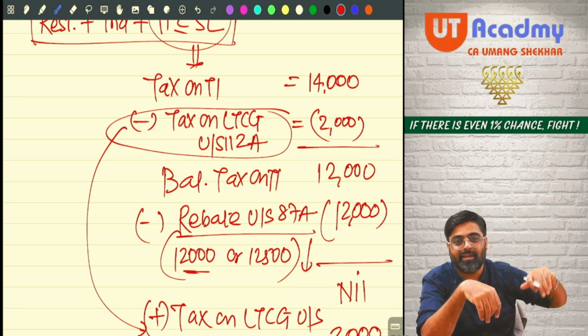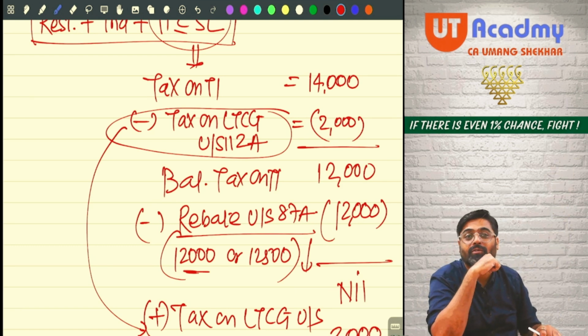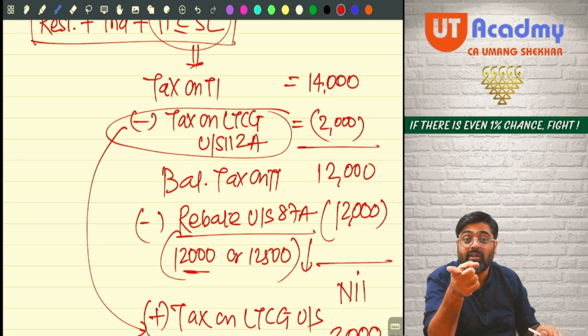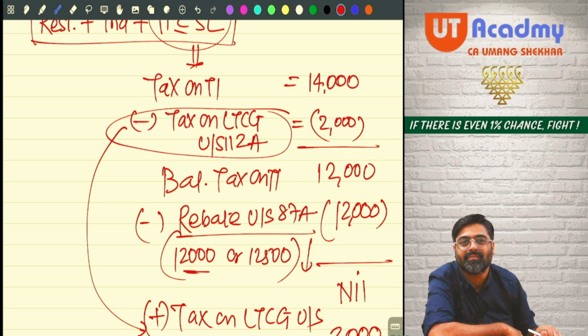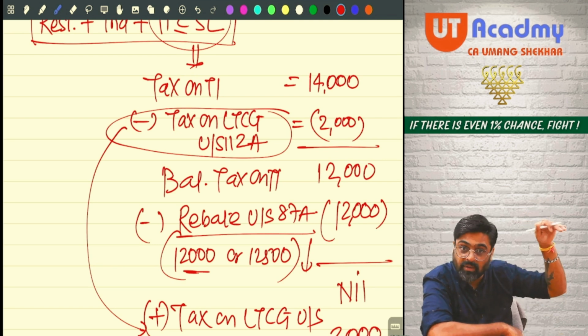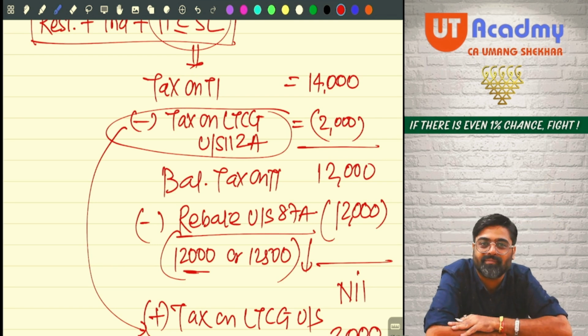Those things we'll learn when we'll be doing 115BAC. Wait, even if your total income is more than 5 lakhs, still you will get rebate under 115BAC. Because for 115BAC, the limit of total income for claim of rebate is 7 lakhs. So if your total income is up to 7 lakhs, you get rebate over there.